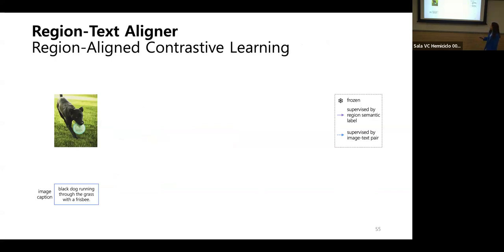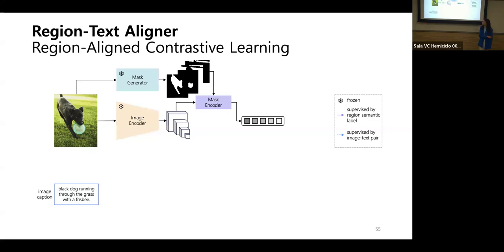Now, if we only have an image and a caption, we want to take advantage of this too. We can use a mask generator to produce high quality segmentation masks, and then, as before, learn these mask representations.